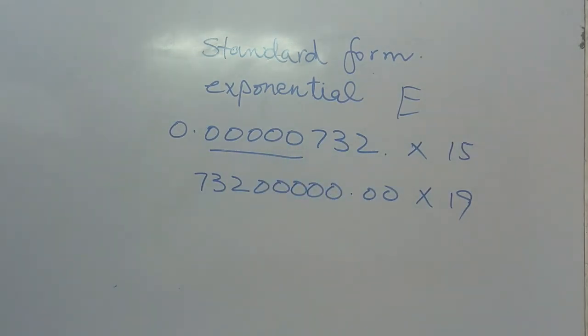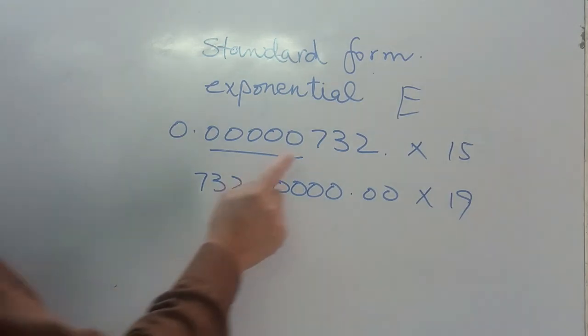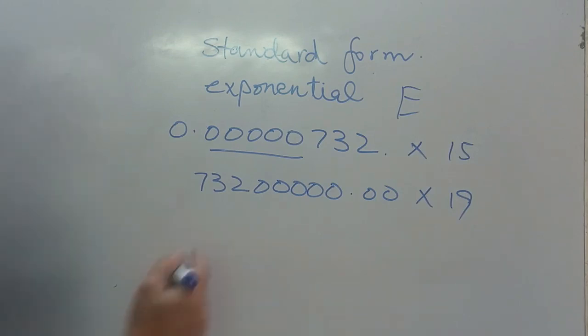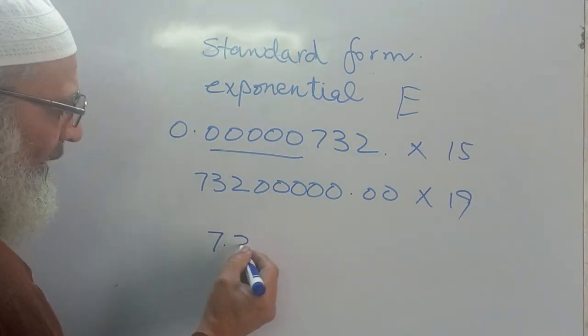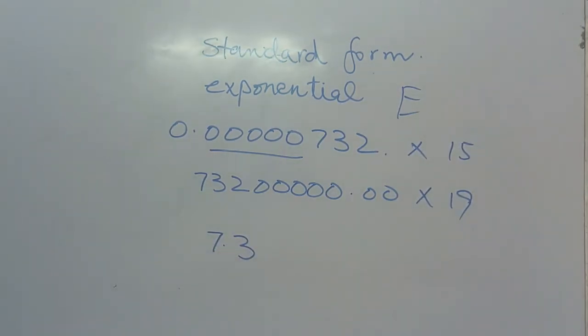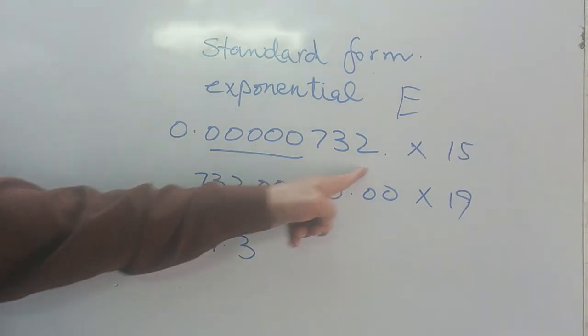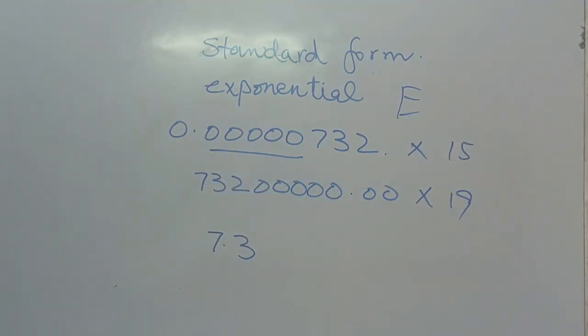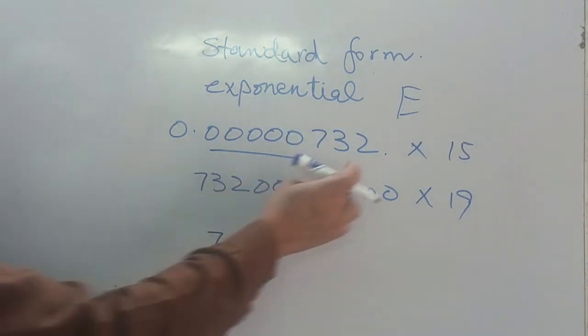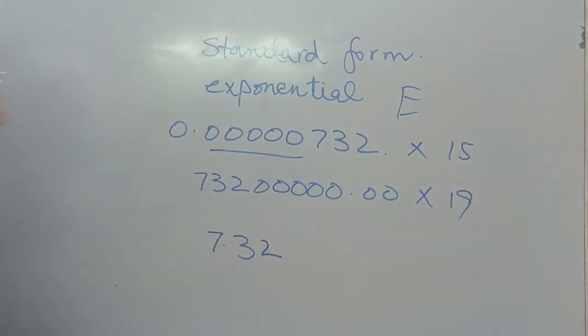we reduce the terms. How we reduce the terms is, you see that we'll write 7.32 instead of writing the whole number.